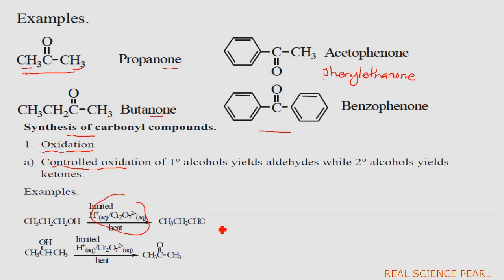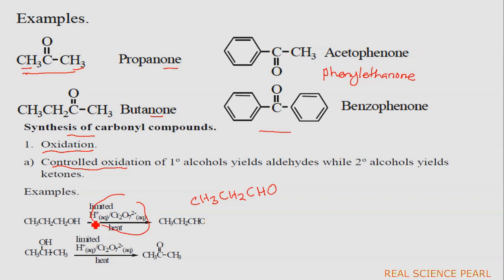And remember, since I want to obtain an aldehyde, which is CH3CH2CHO, propanal from propan-1-ol, it means I'm supposed to use a limited, that is little, or a mild oxidizing agent, that is acidified potassium dichromate.